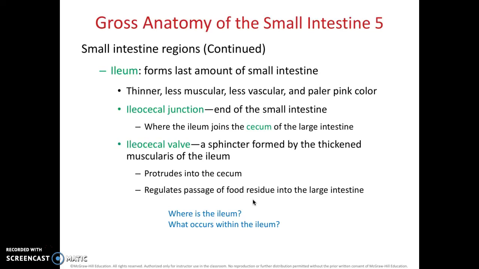This also has a sphincter, which is called the ileocecal valve, which is formed by the thickened muscularis, one of the layers of the small intestine. It's going to protrude into the cecum, which is the very beginning of the large intestine. This functions to regulate the food passage into the large intestine so it doesn't all just kind of squirt out at once.